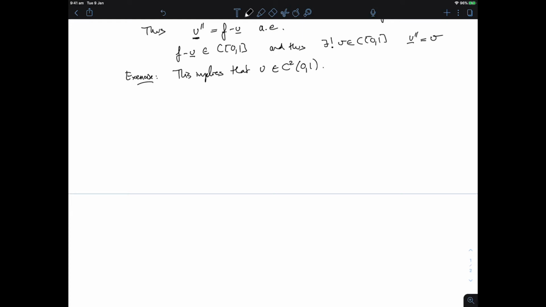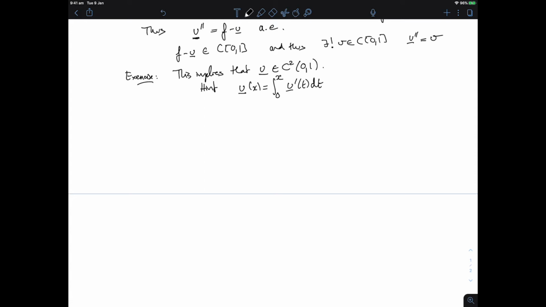And how do you see that? Well, here's the hint, right? You just rewrite u bar of x as the integral from 0 to x of u bar prime t dt.